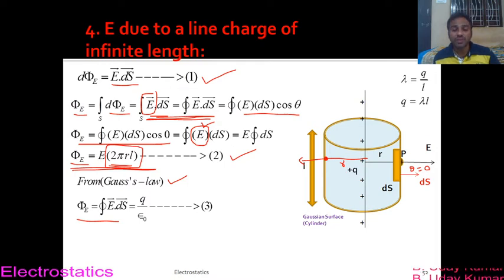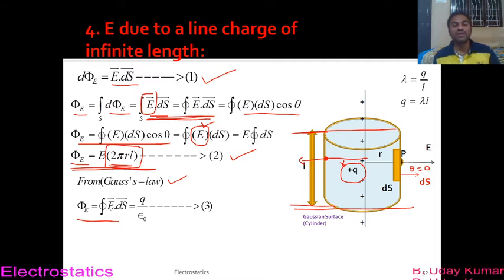Plus q is the amount of charge that is present on this line charge within this length L. You can take anything else, q dash, capital Q, q0, anything you want. Choice is yours, but I am taking it as plus q.